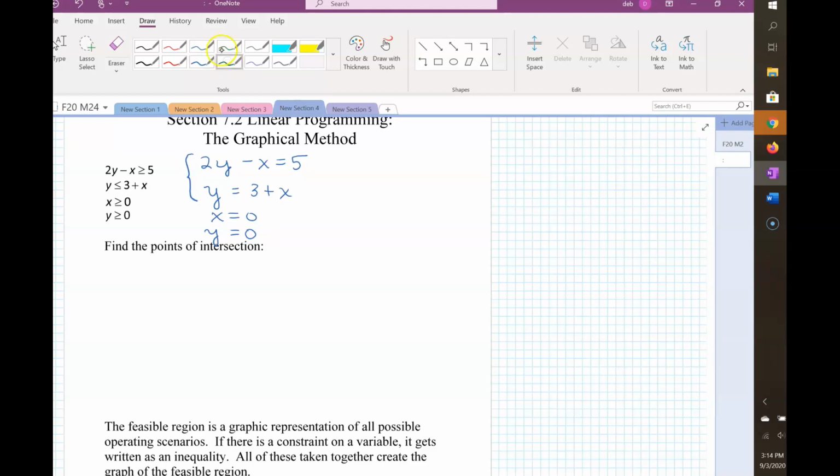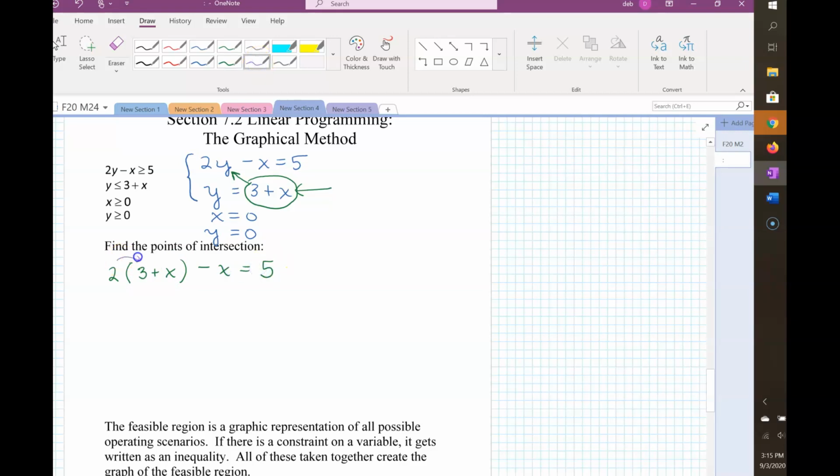So when one of the equations is already given as solved for one of the letters, then I'm going to use the substitution method that says take the 3 plus x, substitute it in for the y, and have 2 times 3 plus x minus x equals 5.